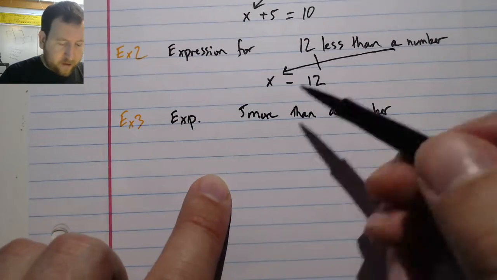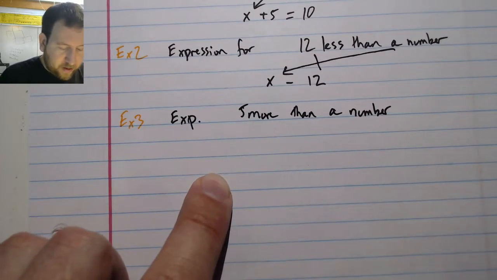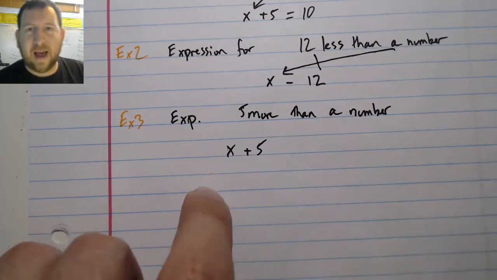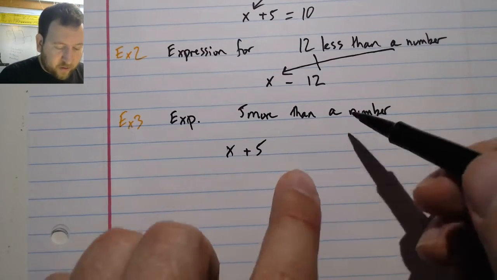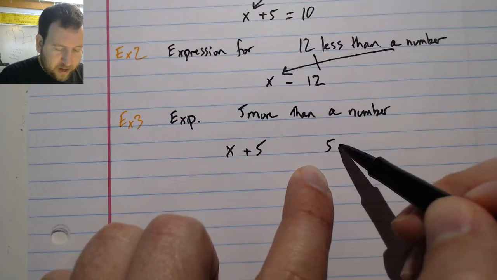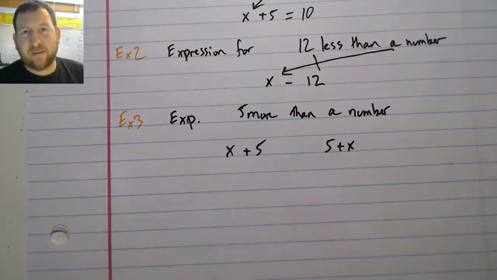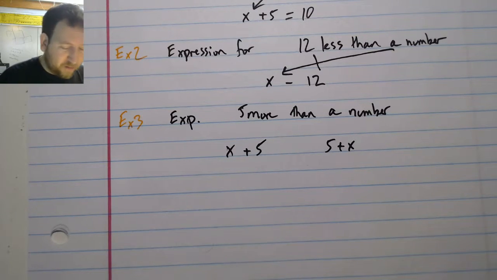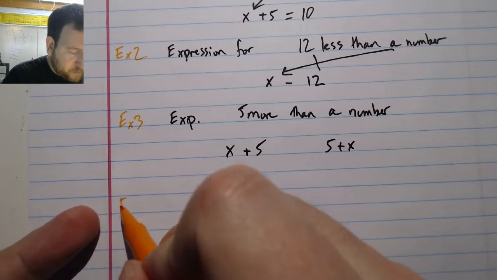And here we have 5 more than a number. So I'm going to have my number, and I'm going to add 5 more. Now, of course, I could write this as 5 plus x. It doesn't matter, remember, because addition is commutative. I can move them around however I want.